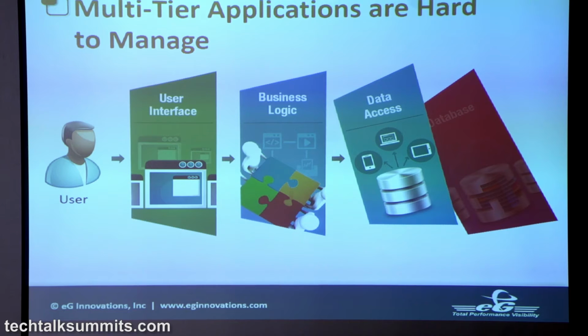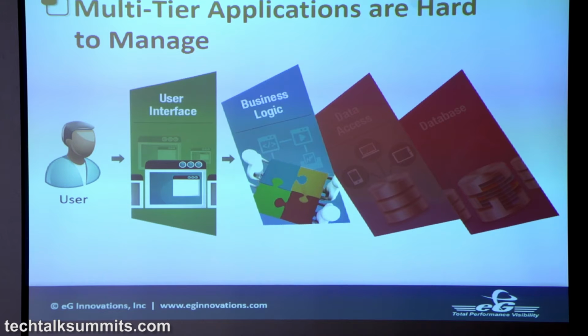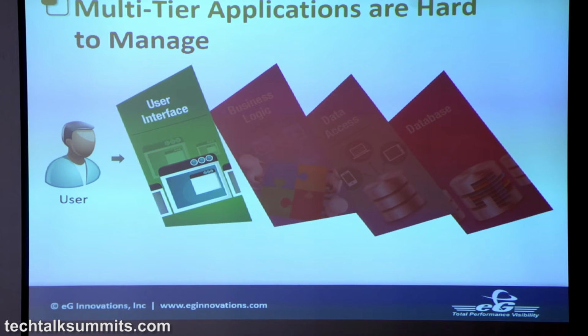But what happens if something goes wrong? Let's just say something happens on the database side, right? Now it's putting a little bit of pressure as we go along. The database can't be accessed by whatever you're using, Citrix or VMware. Now all of a sudden, it's toppling down to the middleware side, going down to the end user.